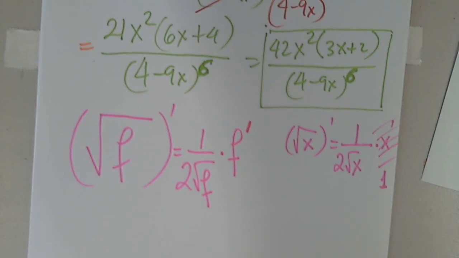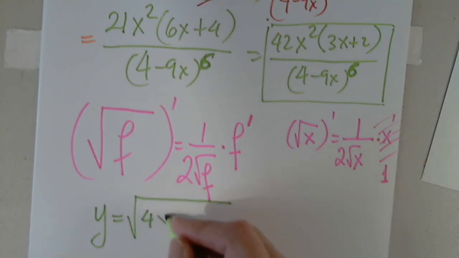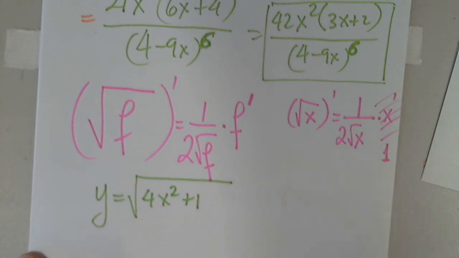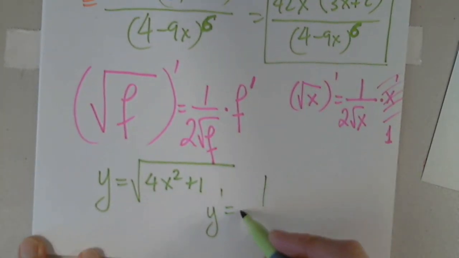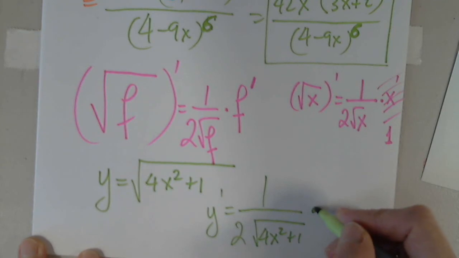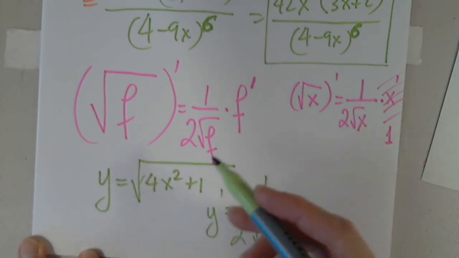So let's look at an example now. Let's say y equals the square root of 4x squared plus 1. So we're asked to differentiate this function. According to the rule, 1 divided by 2, the square root of the function, multiplied by the inner function prime, 8x.